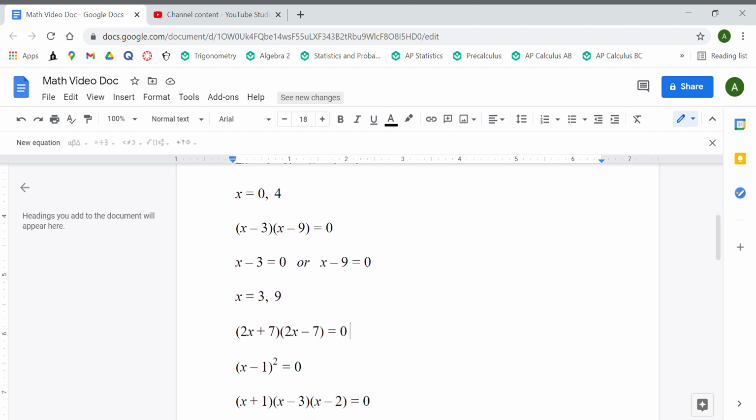And try this one. 2x plus 7 times 2x minus 7 equals 0. Okay, so we got ourselves two different parts again, so we can set each chunk equal to 0.